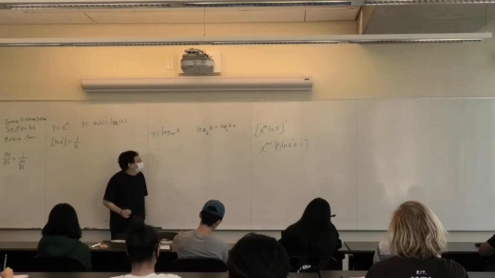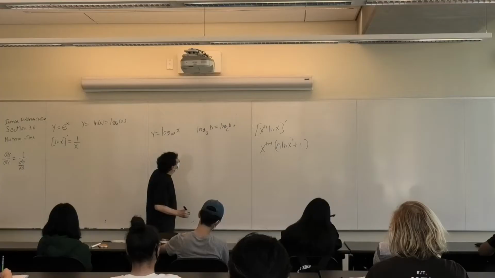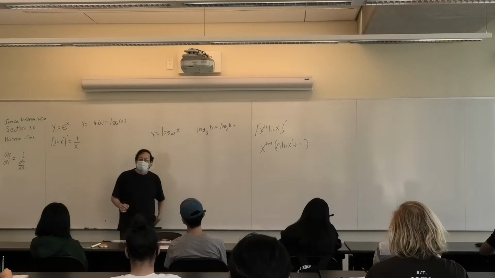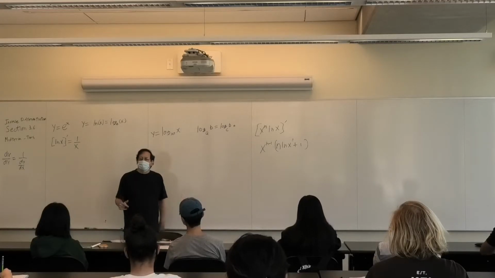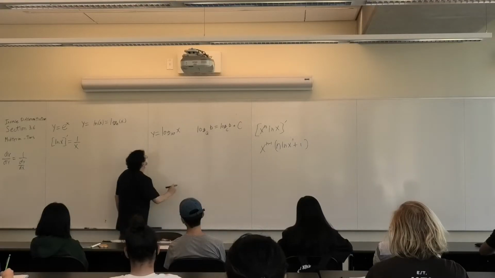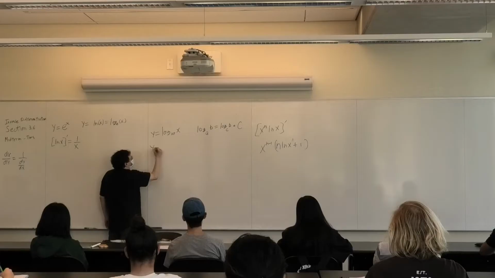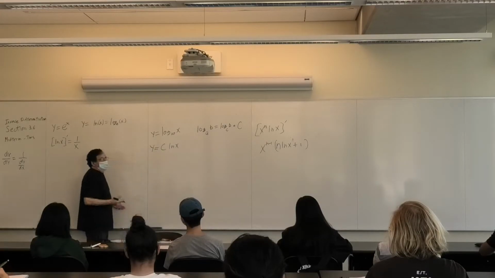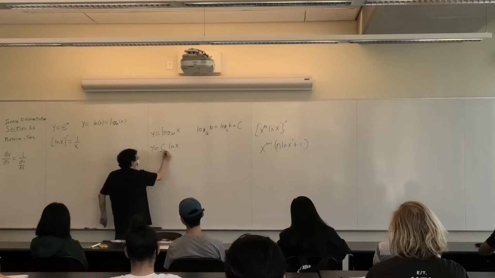Remember the constant? I don't remember the constant. It's a change of base rule, but some constant. Let's call it C. So I know that there's some constant, right? I have to find that constant.